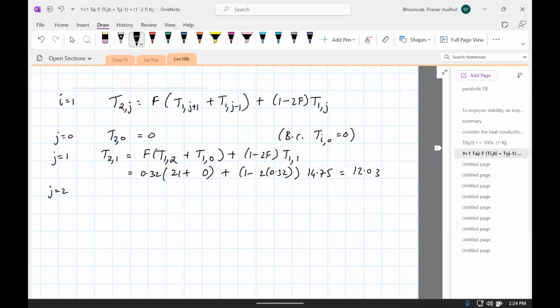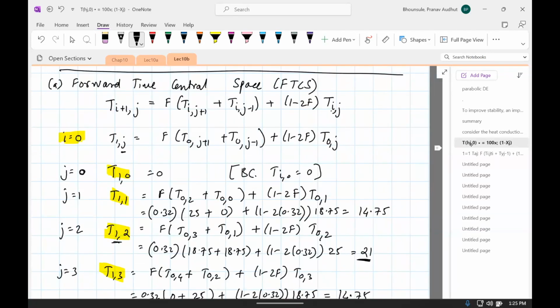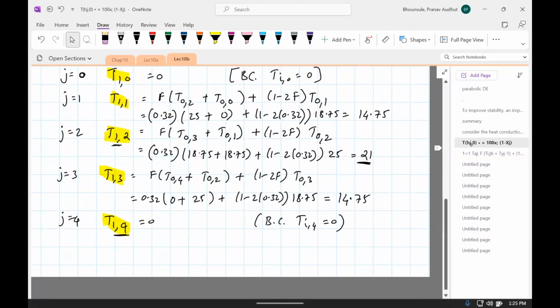j equals 2: T2,2 equals F times T1,3 plus T1,1 plus 1 minus 2F times T1,2. So 0.32, T1,3 we'll get here. So T1,3 is 14.75.